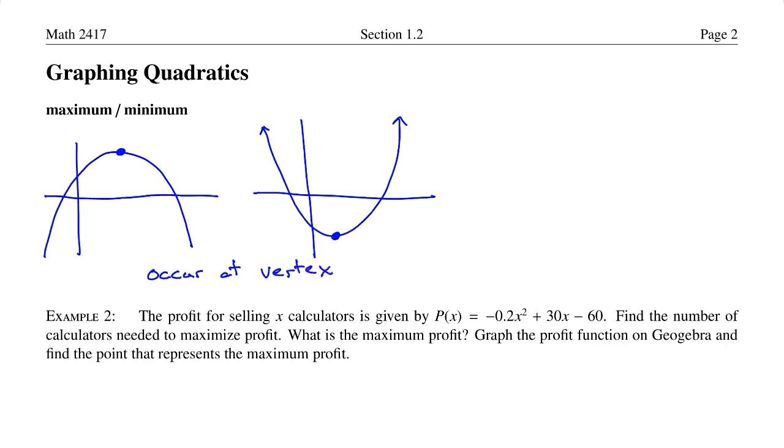So the vertex is the point where the maximum or minimum occur on a quadratic, on a parabola. And we have a formula for finding the x value of this vertex. And that formula goes like this.